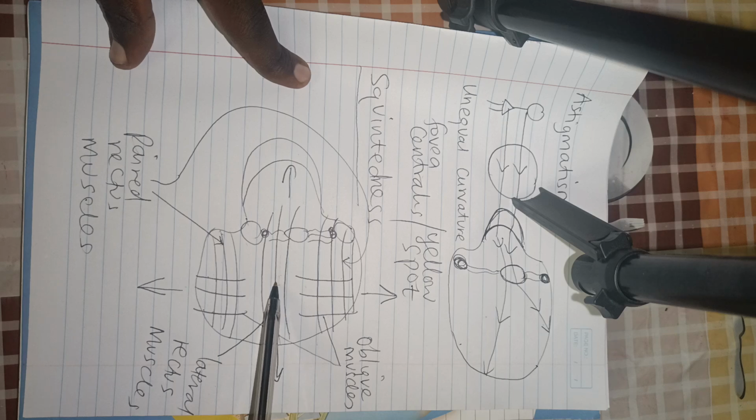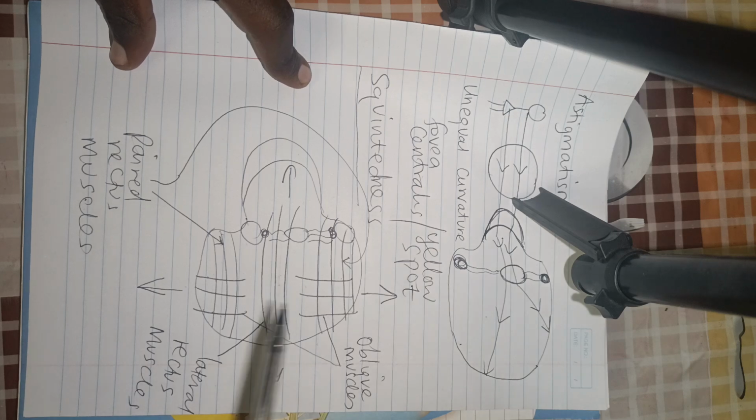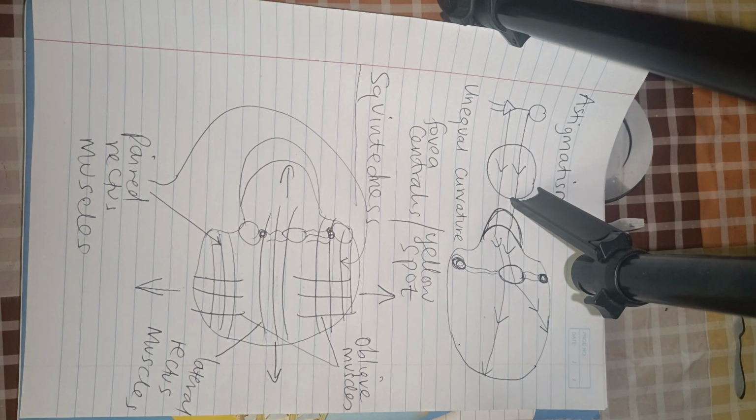At the end of the day, this will make the eyeballs face in different directions, causing perception to be achieved with difficulty. So if these muscles fail to coordinate in both eyes and pull the eyeballs in different directions, that facilitates difficulties in perception.